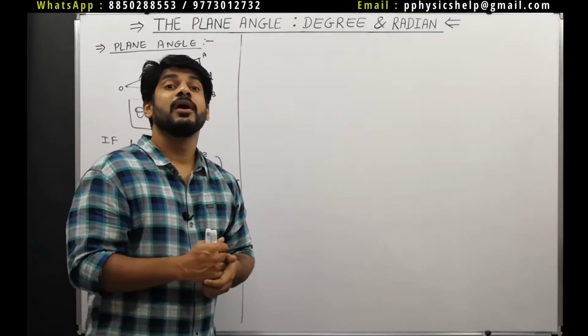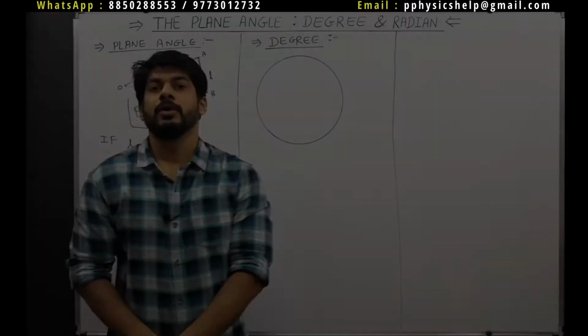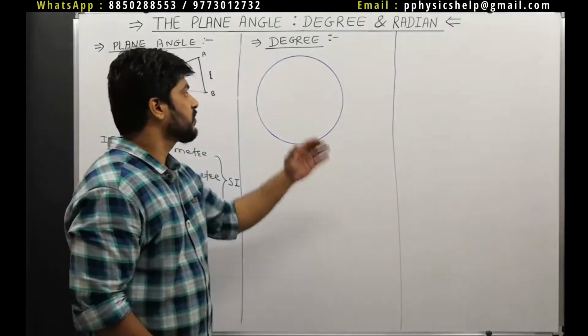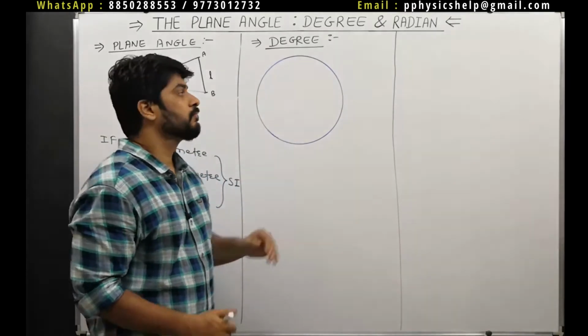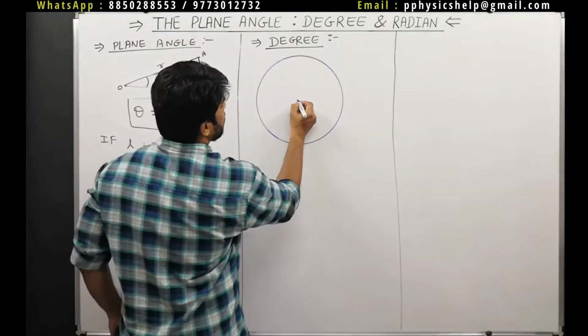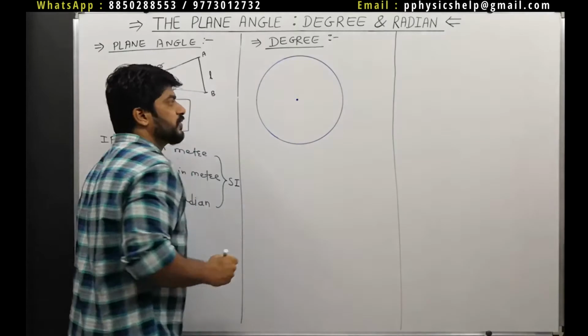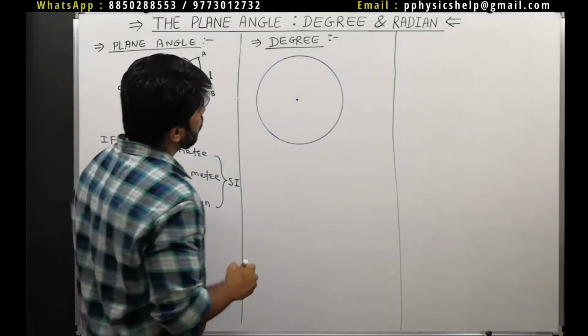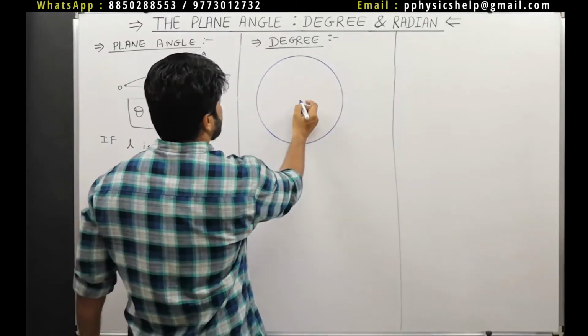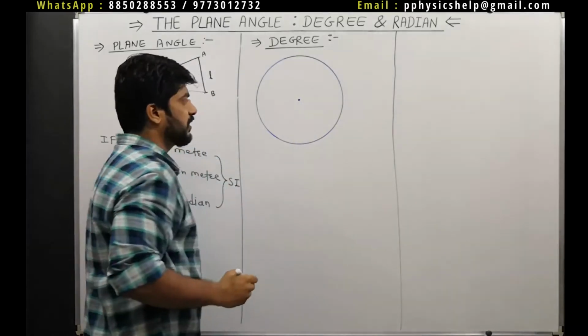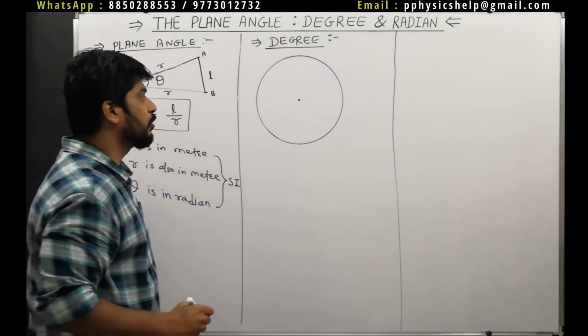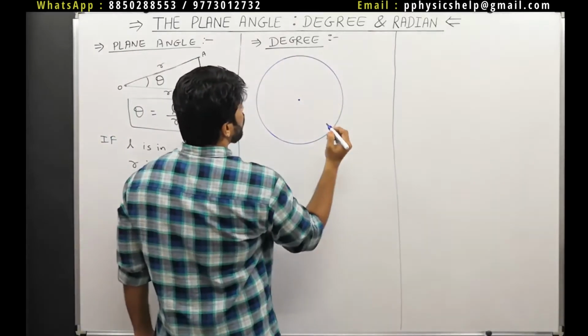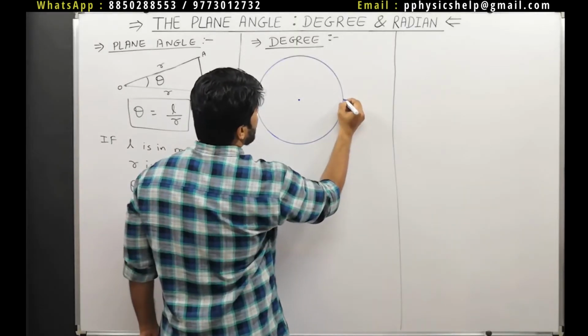What is a degree? Now imagine this circle over here that you can see. Let's say this is the center of this circle. Now what you do is choose any arc.